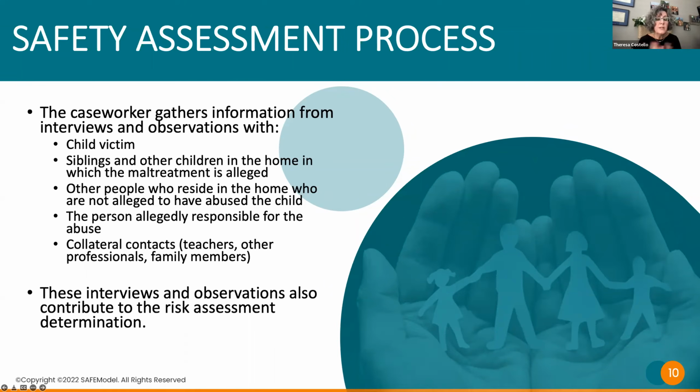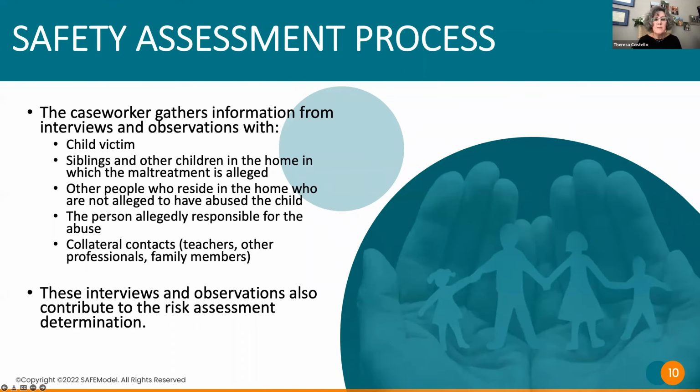We obviously want to talk to the person who's responsible or has been alleged to be the maltreater in the case, and we want to talk to collaterals. So this information gathering process begins at the point of first contact, that present danger, but it proceeds through our investigative process.